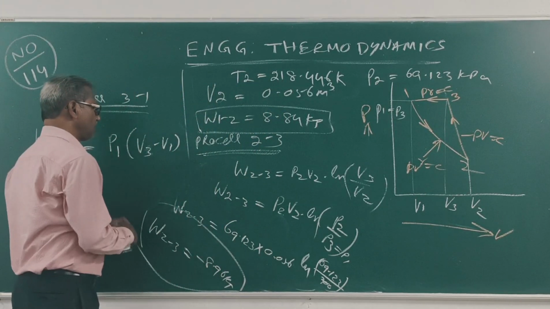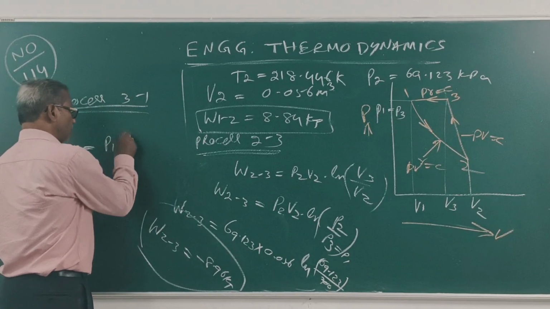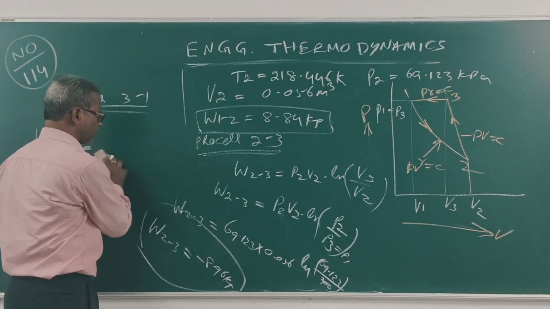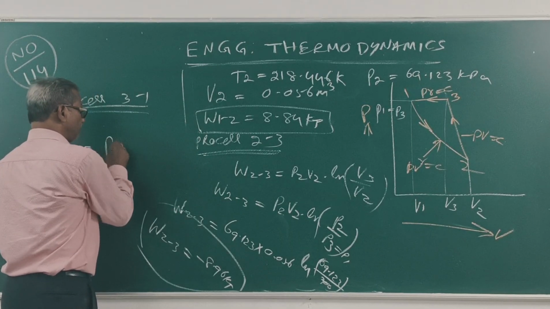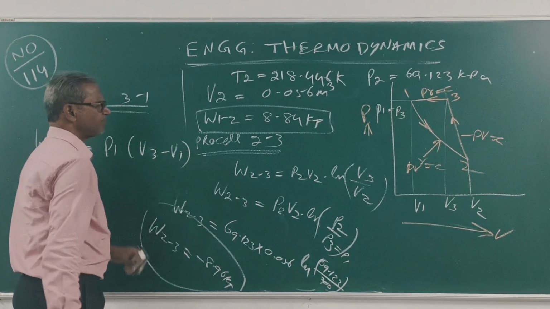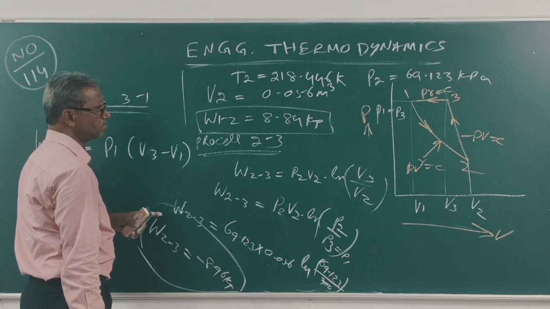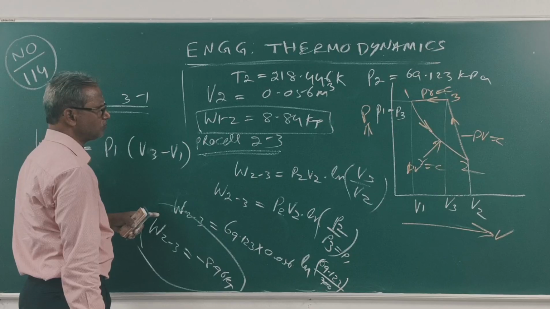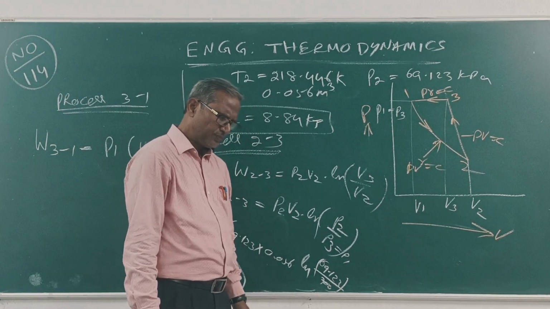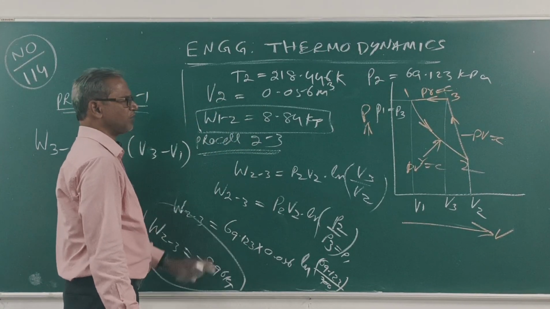So this is P1 into V1 minus V3. Or you may write V3 minus V1, compression negative. So P1 into V3 minus V1. Since this is a compression process, we will use V3 minus V1.